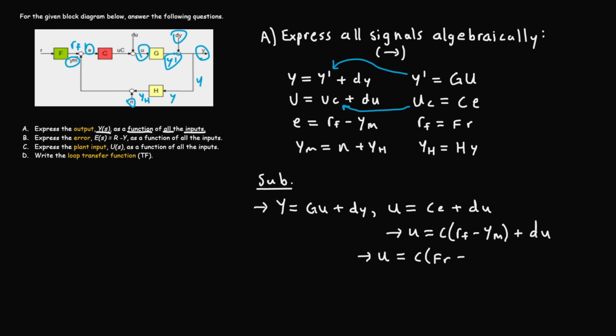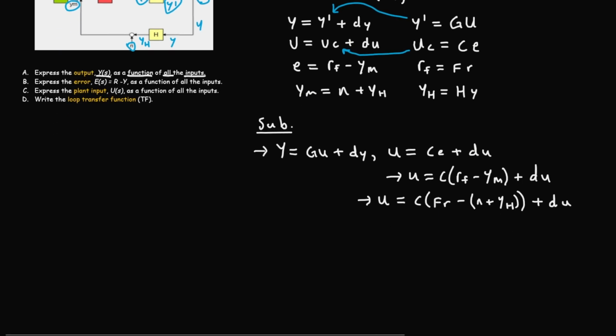So it'll be FR minus parentheses N plus YH and plus DU. And so now that we have a more expanded and combined expression for U, we can go ahead and substitute in this new expression of U into our Y equation.